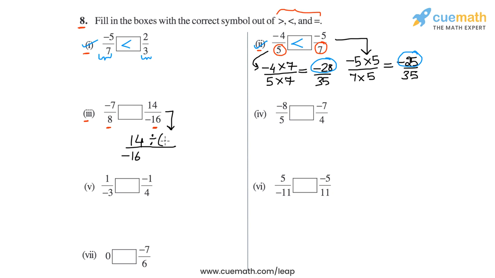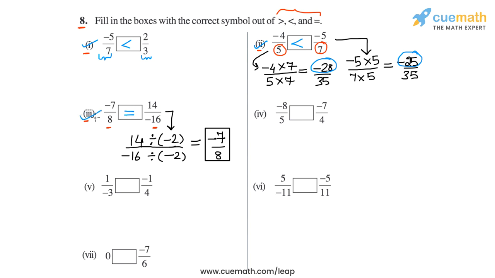So we should divide by minus 2 because we want the denominator to be positive. So doing this will give us minus 7 by 8. So 14 by minus 16 is also equal to minus 7 by 8 and this means that these two numbers are actually equal. So we put the equal to sign in the box in part 3.